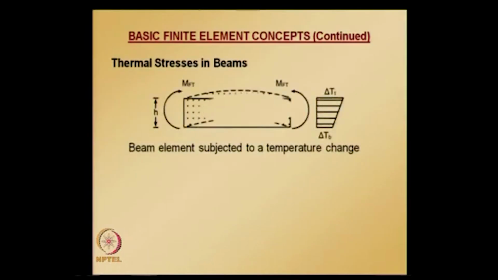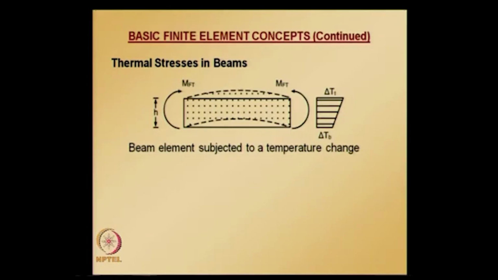Considering a beam element which is subjected to a linearly varying temperature over its depth, we developed the equations, and this is the beam element subjected to a temperature change.